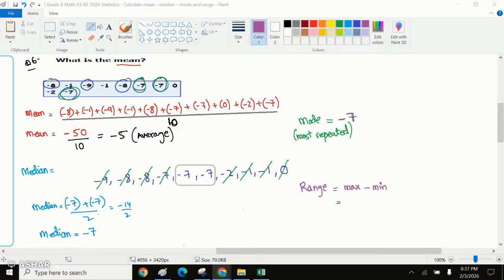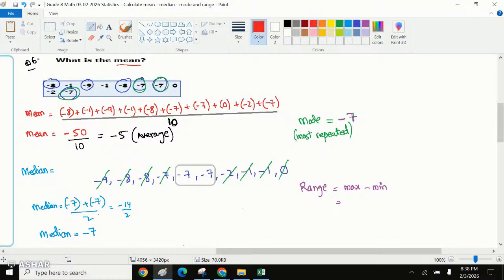Okay, not a problem. Can I have this answer? The maximum score would be, see, whenever we are doing scores that are in negative, the greater the number in negative, the smaller the number it is.